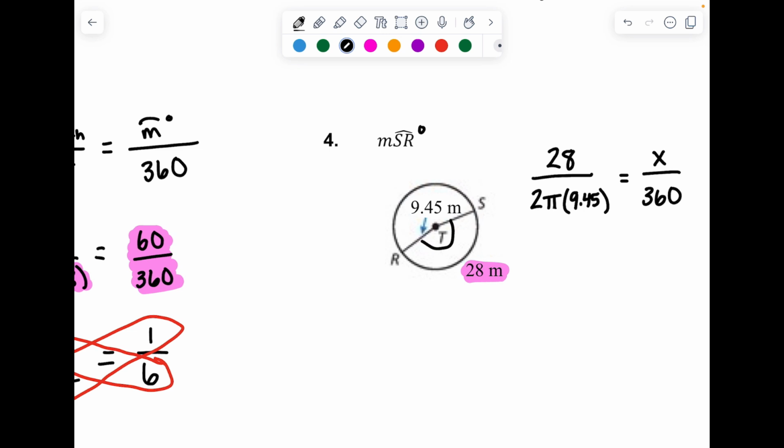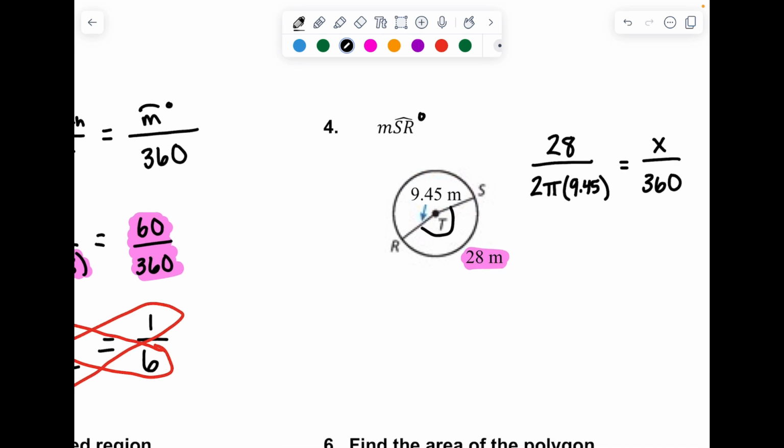So this one, we can do some simplifying, not a whole lot. We can multiply that. So we've got 28 over, if I do 9.45 times 2, you get 18.9 pi, and that's equal to x over 360.